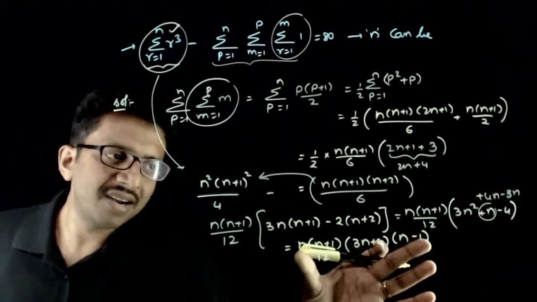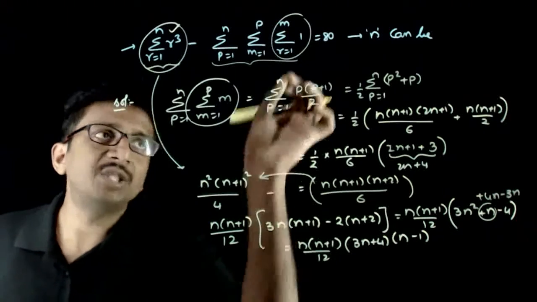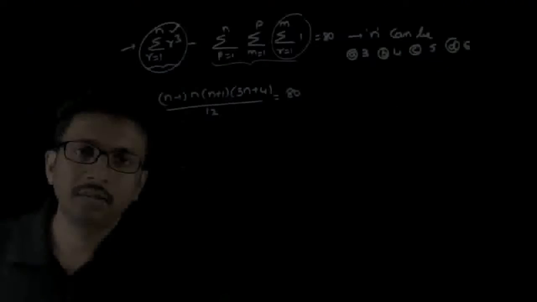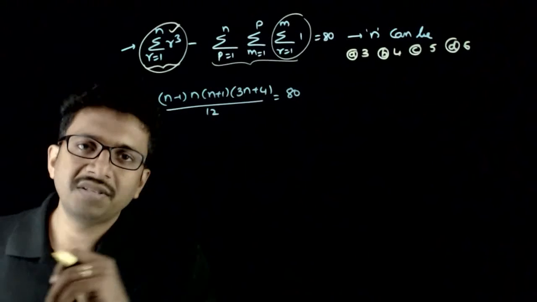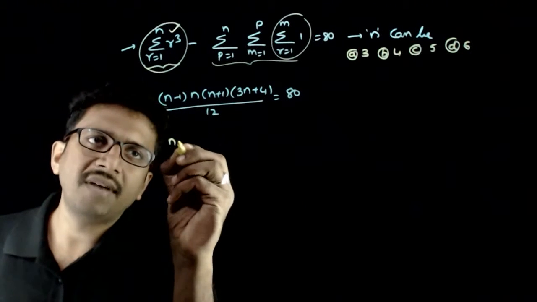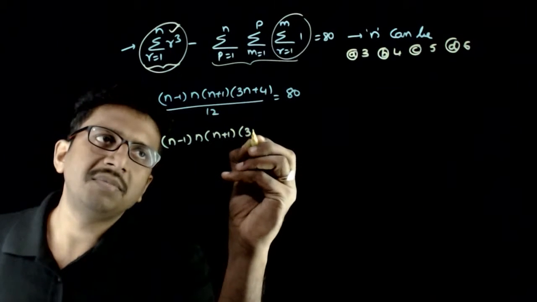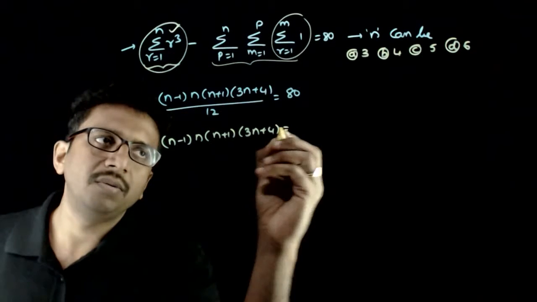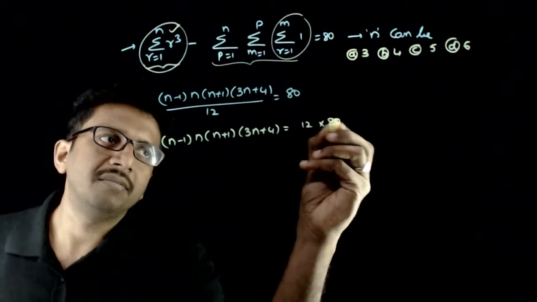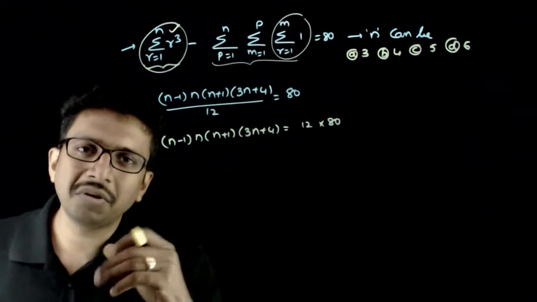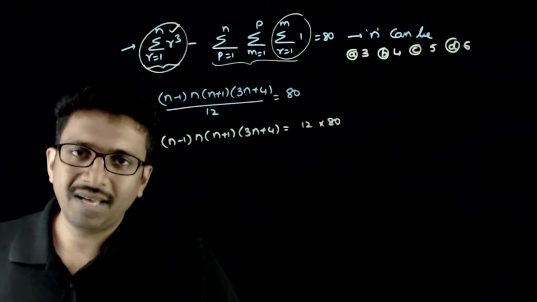Now let us try to solve this equation. You have n minus 1 into n times n plus 1 times 3n plus 4 is equal to 12 into 80. Obviously this is a 4th degree equation. You are not expected to solve it directly.